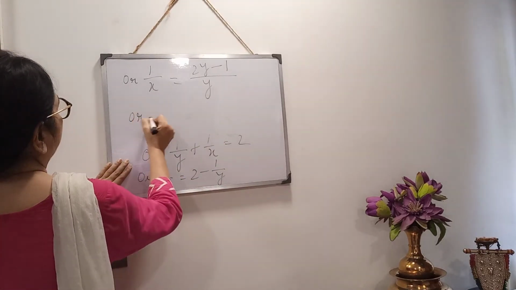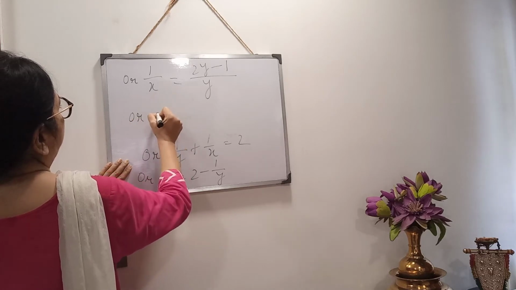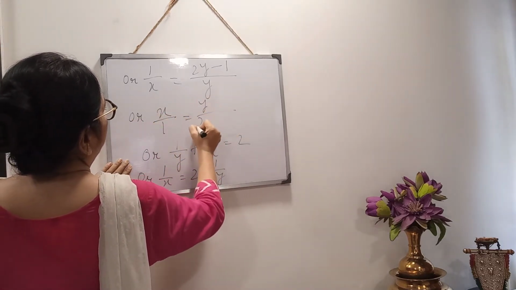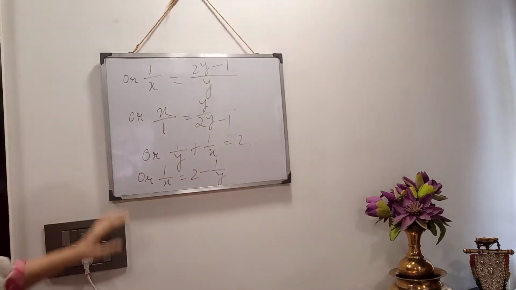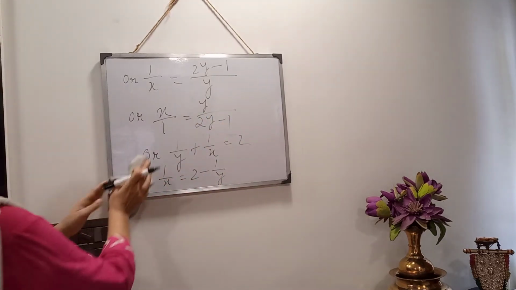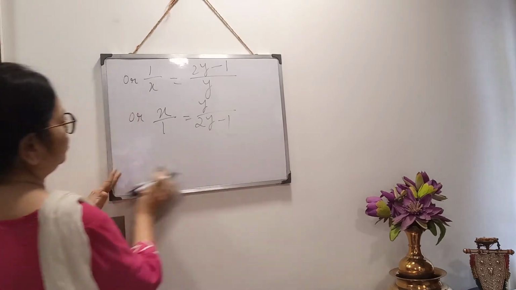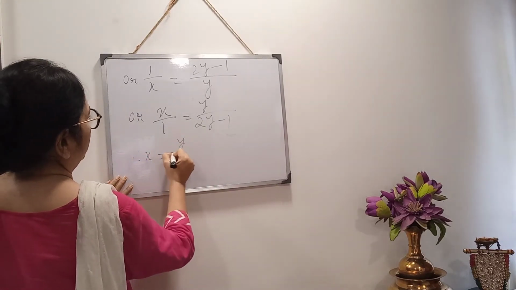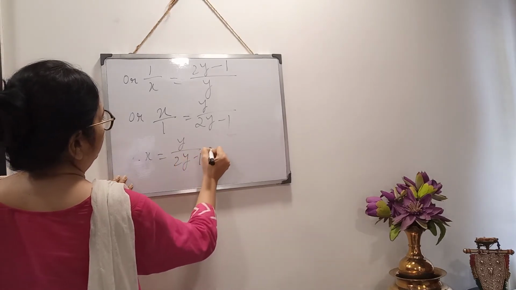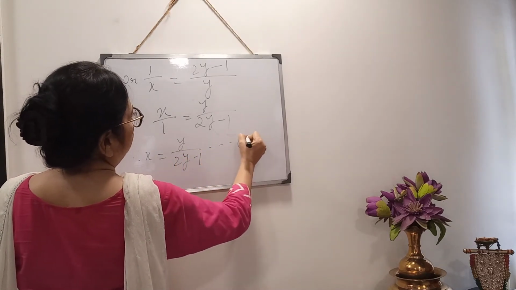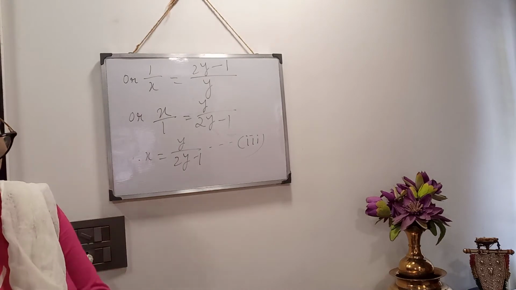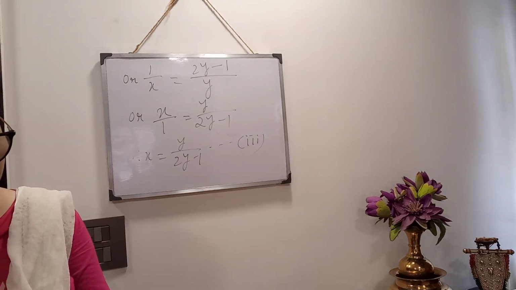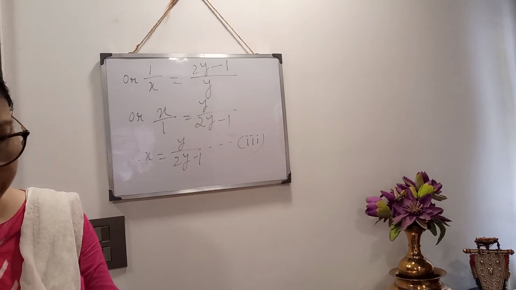Now from here invert both sides. So from here what you are getting, x equals y by (2y minus 1). This is my equation number 3. Clear?